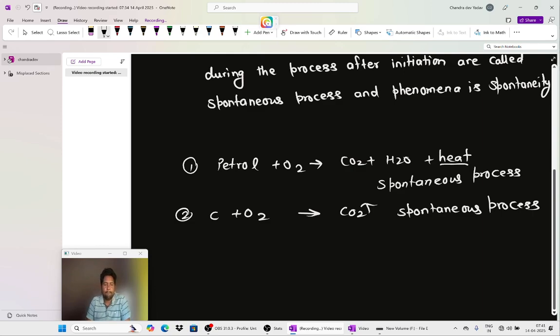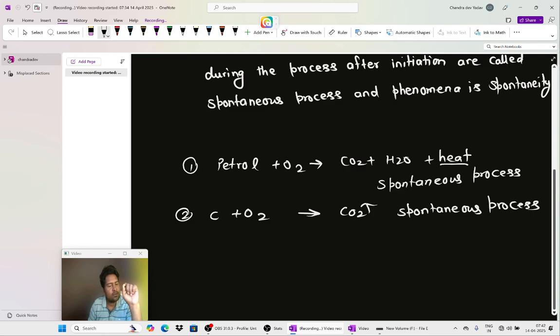Actually, spontaneity is discussed to change a non-spontaneous process to spontaneous. Suppose the combustion of petrol is spontaneous. When it connects with the piston, the movement of the piston also becomes spontaneous. Movement of the piston requires continuous force, so it is non-spontaneous. Piston movement gives movement to the wheel of the motor car.